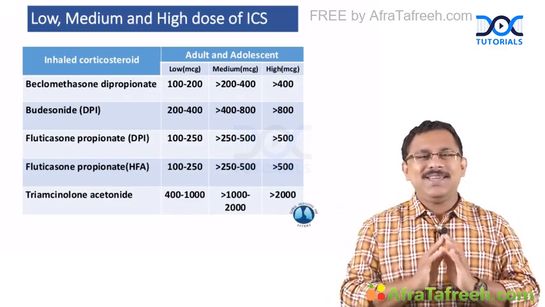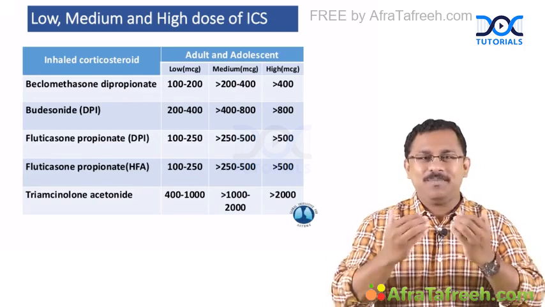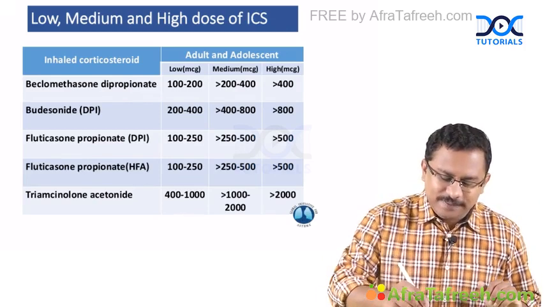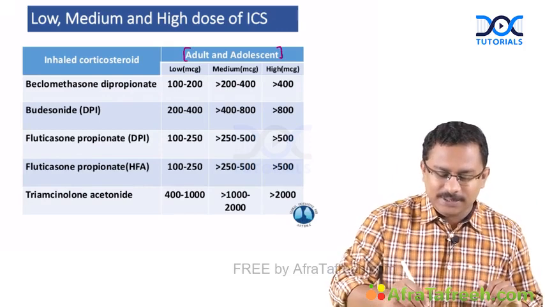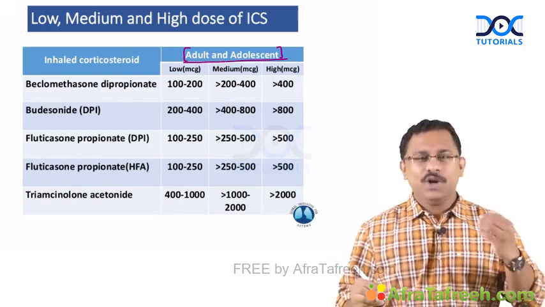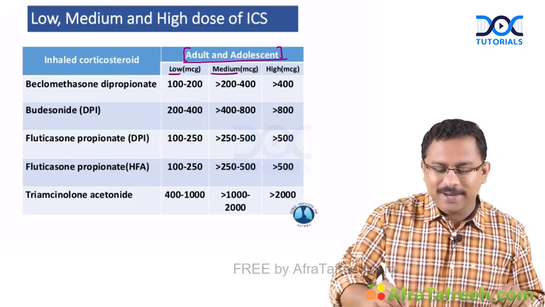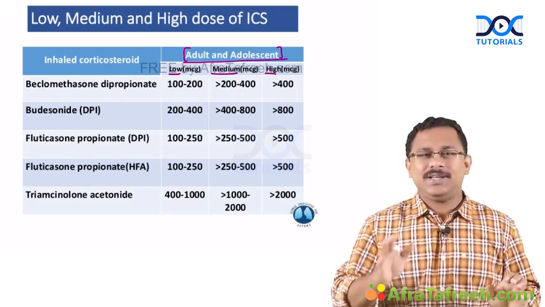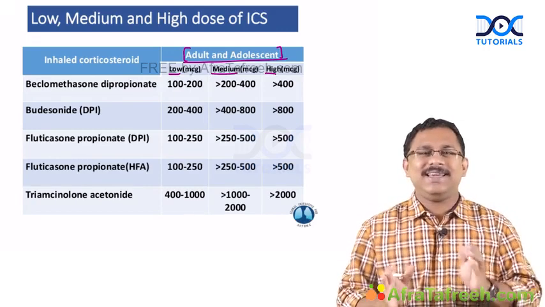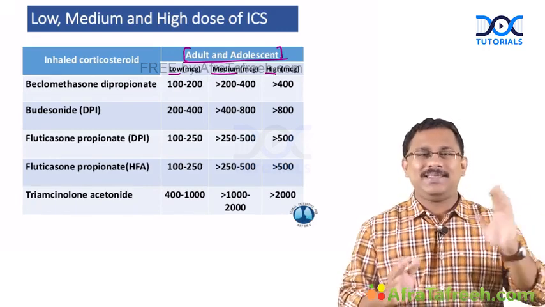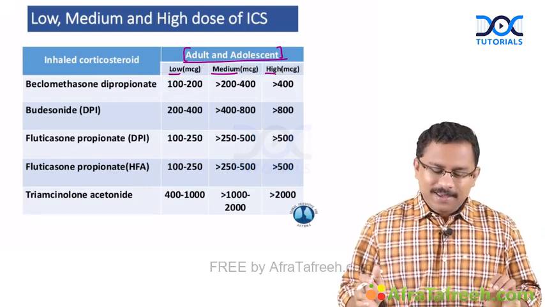So that should give you clarity on what I mean. The inhaled corticosteroids for adults and adolescents are divided into low, medium and high, because naturally we are discussing the adult and adolescent treatment here. We are not discussing childhood asthma management, which is given separately in the GINA guidelines.